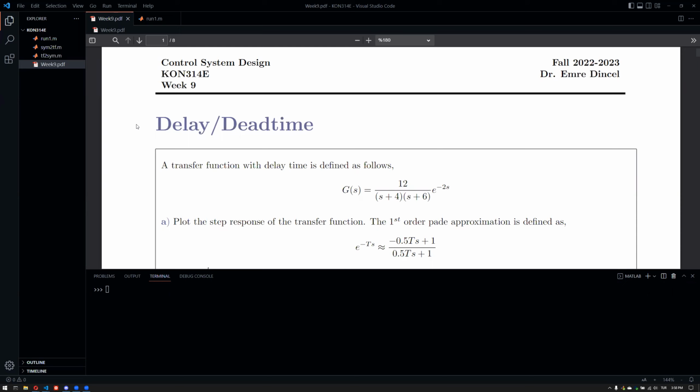So up to this point throughout the semester, we have assumed that if we apply a certain input to systems, the system immediately reacts and has a response, or that we have some zero lagging systems, no measurement lag whatsoever.